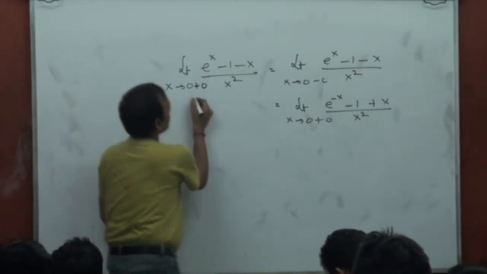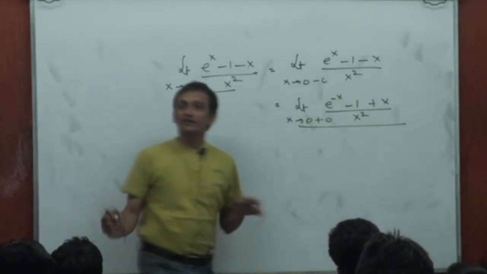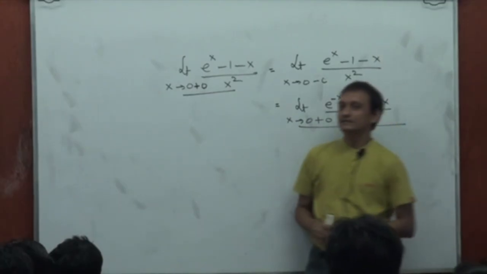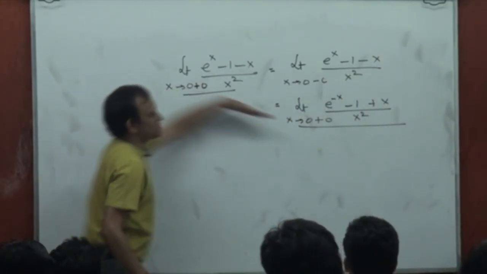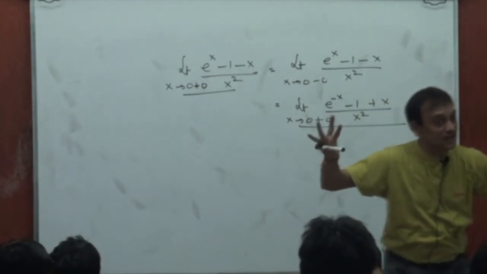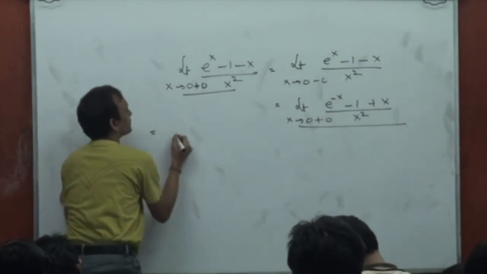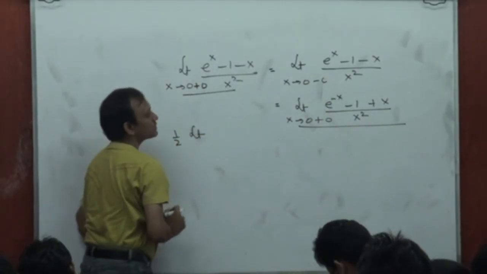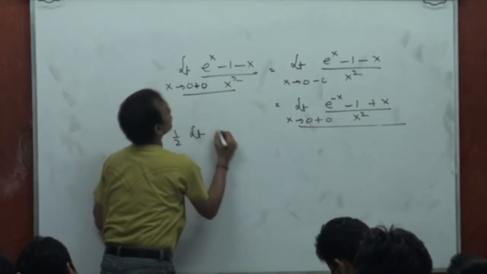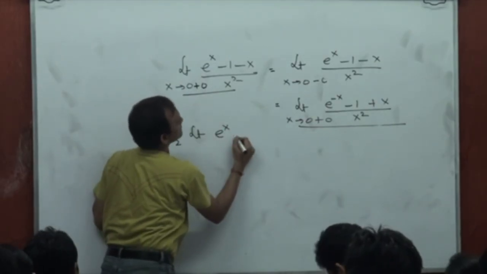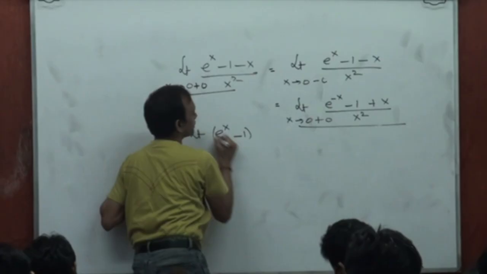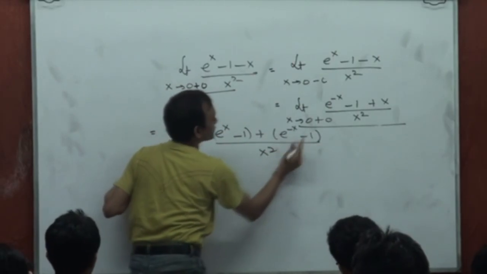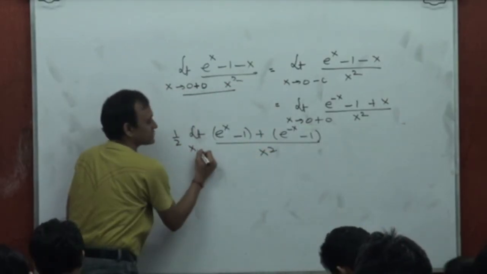Clear? Now, if this limit is equal to this limit, then each would be half their sum. Each would be half of the limit of this plus this. This plus this means x and x would get cancelled. You are left with (e power x minus 1 plus e power minus x minus 1) by x squared as x tends to 0.